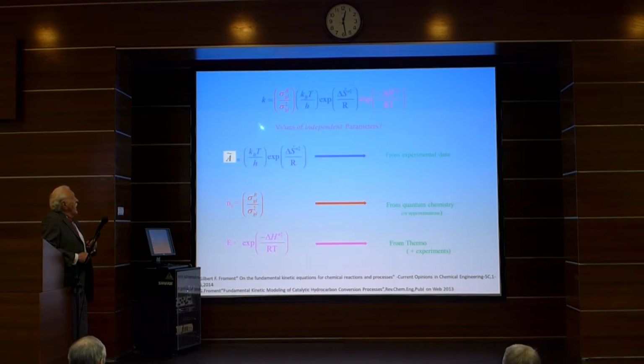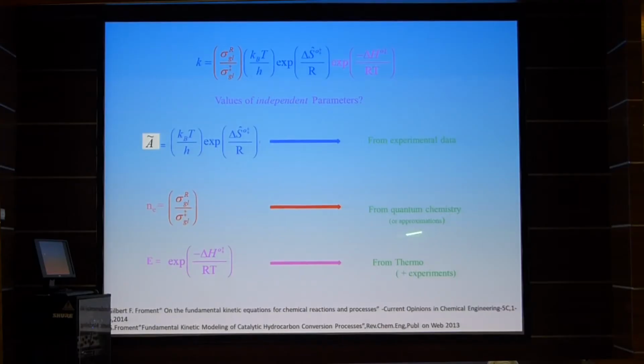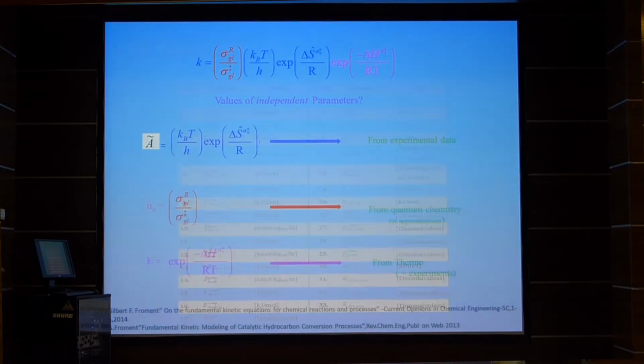So again, having expressed the rate coefficient in this way, extracting the ratio of the symmetry numbers of reactant and intermediate, I have the single event frequency factor that I can calculate or get from experiments. I have the number of single events that I can calculate, and I have the activation energy that I get from sources in the literature.